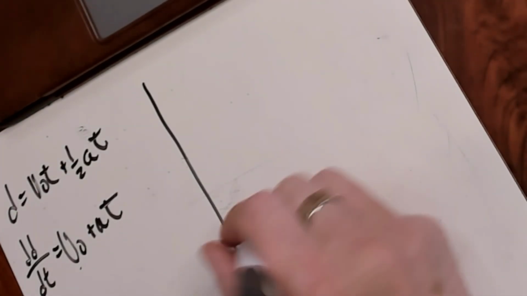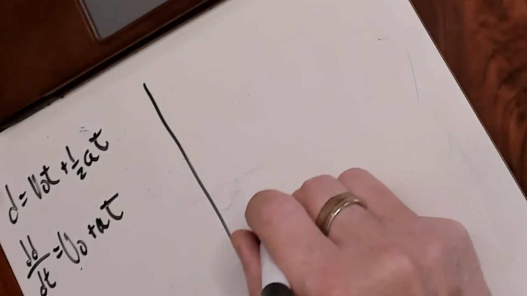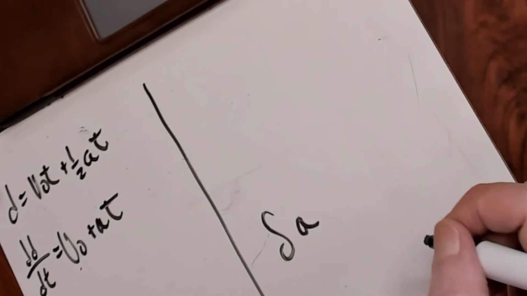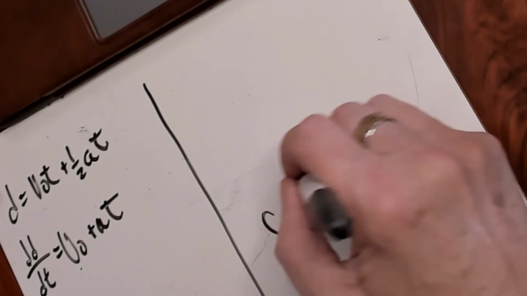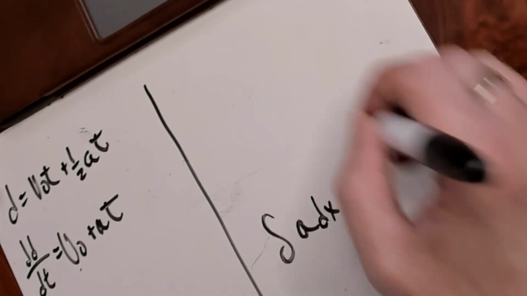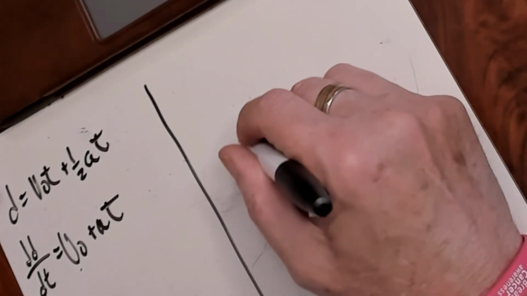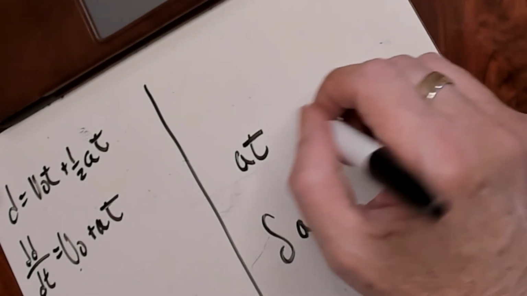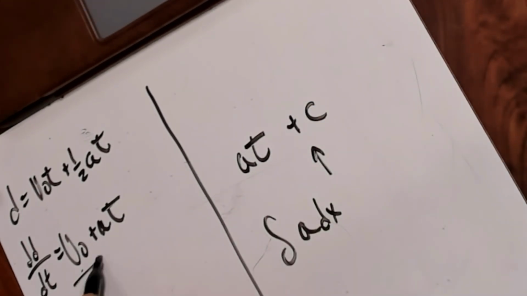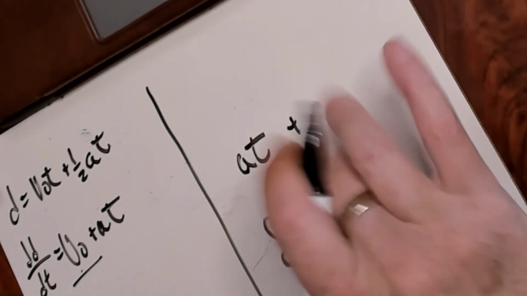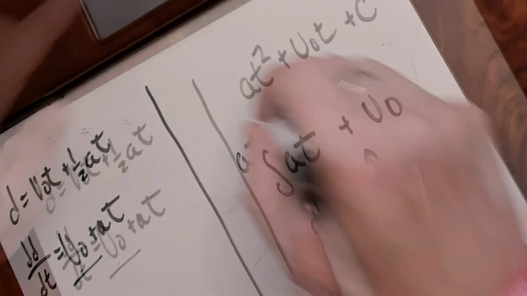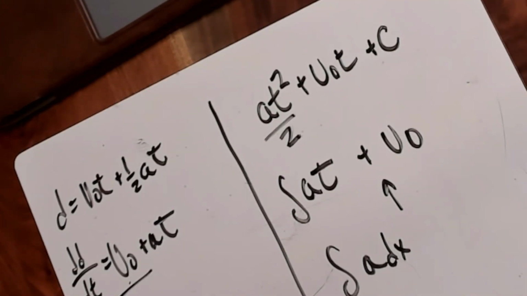Now, what if we go back the other way? If we start off with acceleration, we go ahead and we get acceleration times t plus a constant, which as you see right here is V0. And as we integrate that again, we end up with our position equation. So that's where those kinematic equations come from.